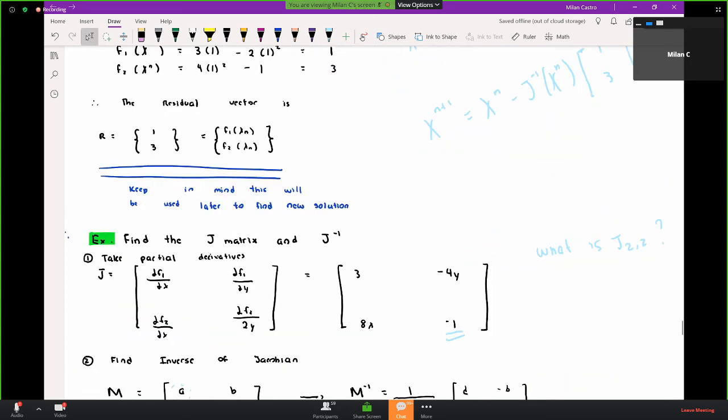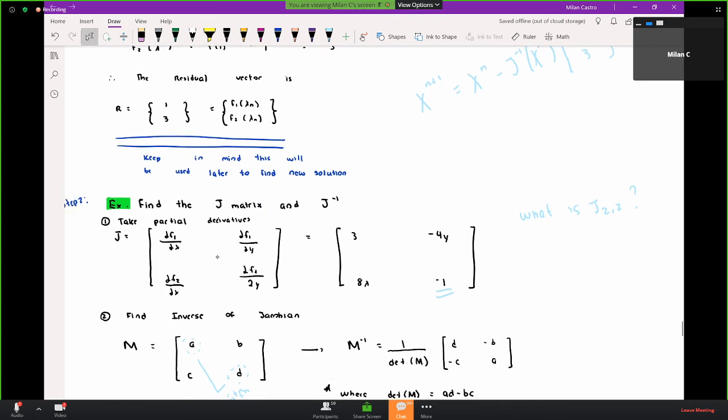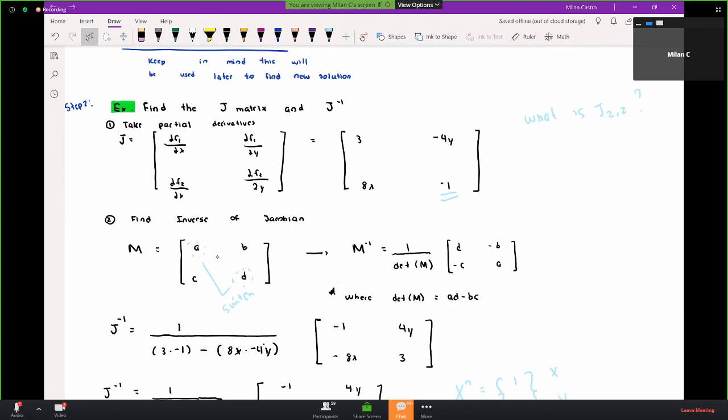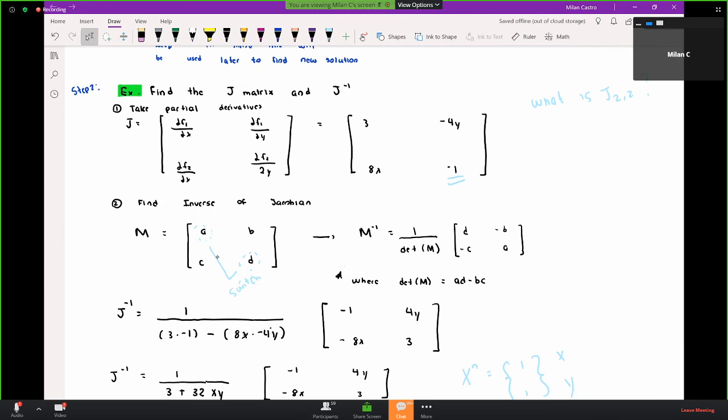And then we go on to find the Jacobian. So in order to find the Jacobian, we have to take our partial derivatives with respect to x and y of both functions, and you end up getting -3, -4y, 8, and -1. Now, the next step from here, once you have your Jacobian matrix set up, is you want to take the inverse of the Jacobian.